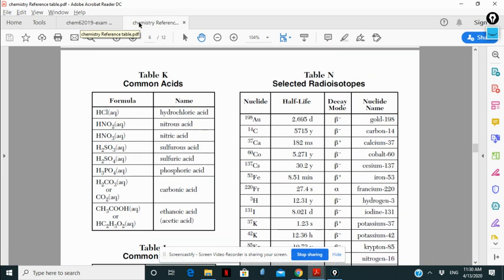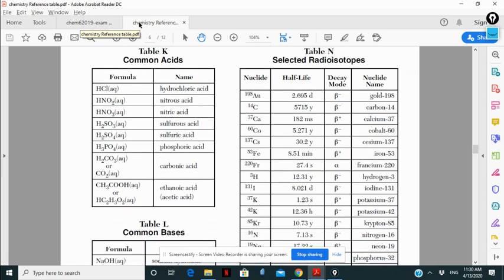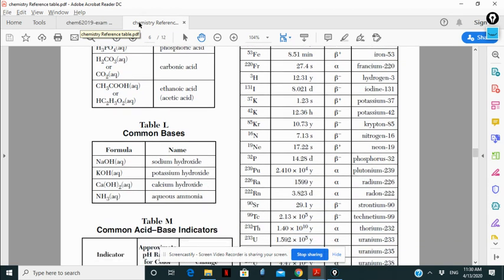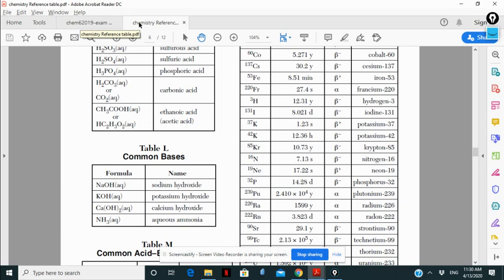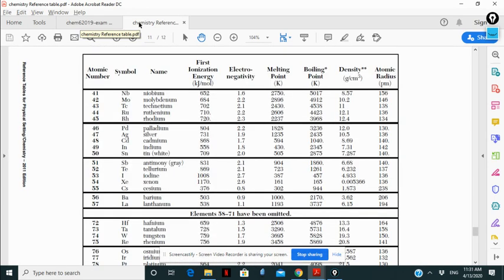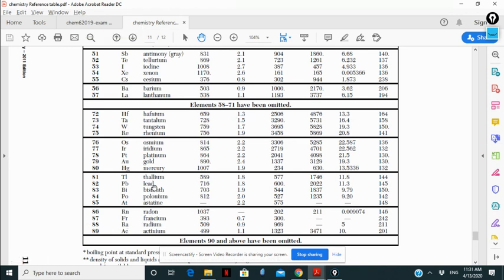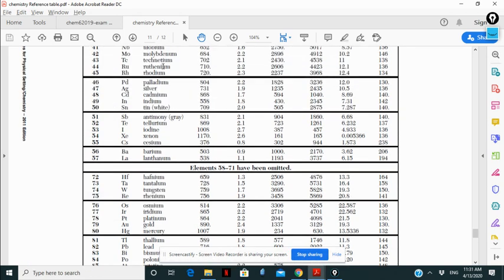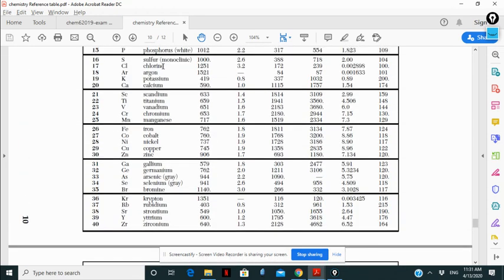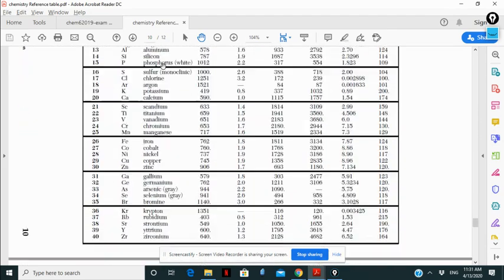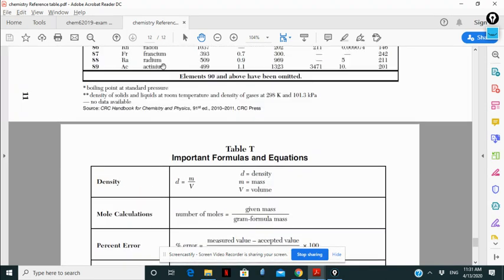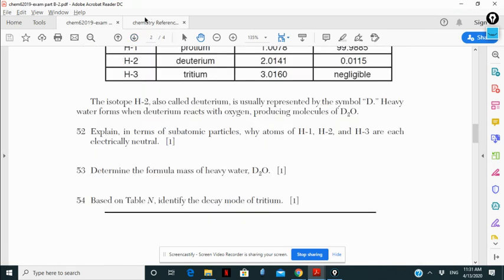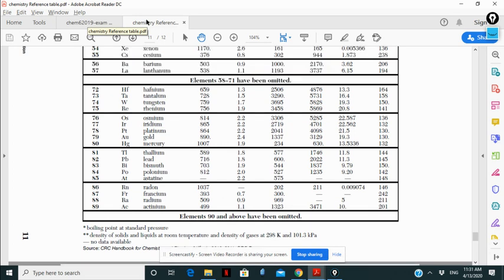I don't know the symbol, so I'm going to try to find the symbol for tritium first. Again, the name is tritium.